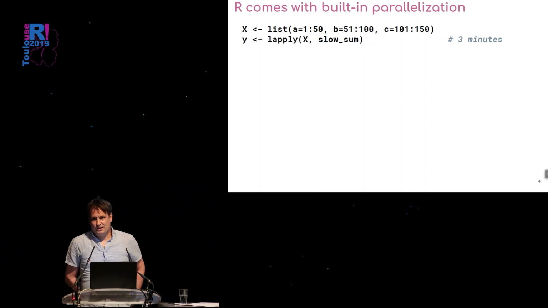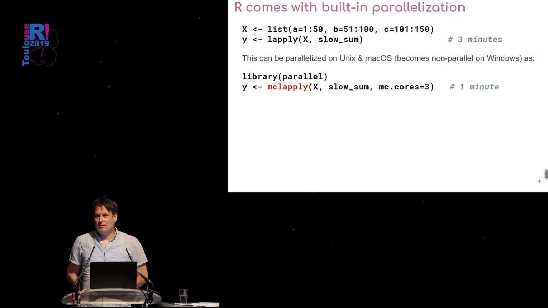Now imagine, for the sake of the example, that this sum function is very slow. Let me call it slow sum. It takes 3 minutes to do this, 1 minute for each of these elements. Very slow. In R, since many years now, if you're on Unix or Mac, you can switch your lapply to mclapply and say, I want to run it on 3 cores.